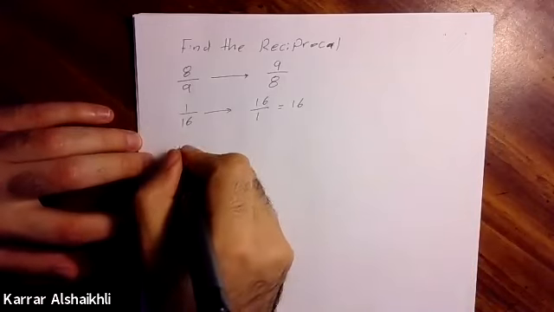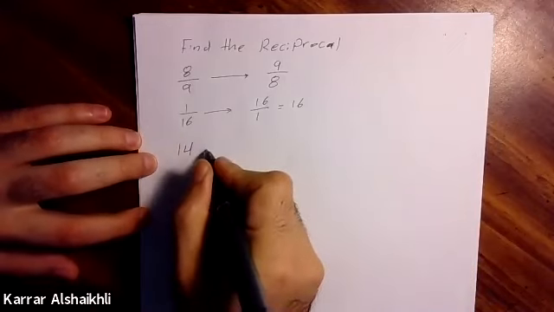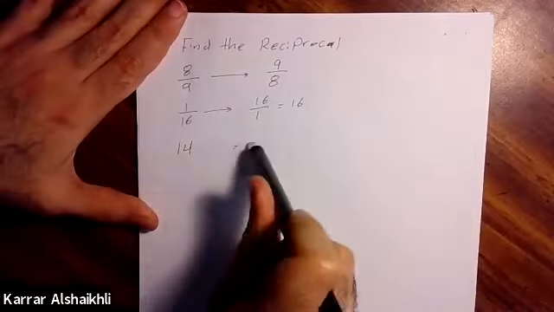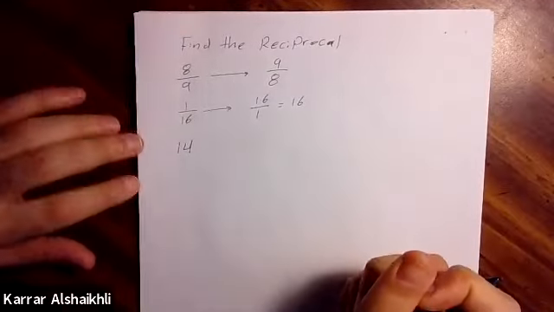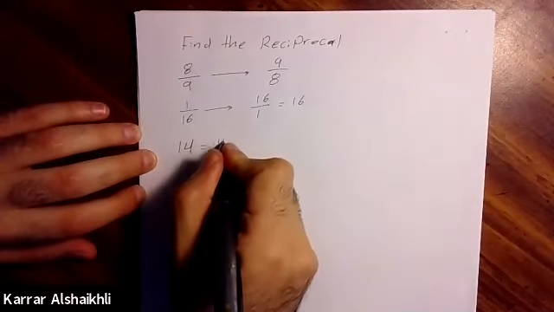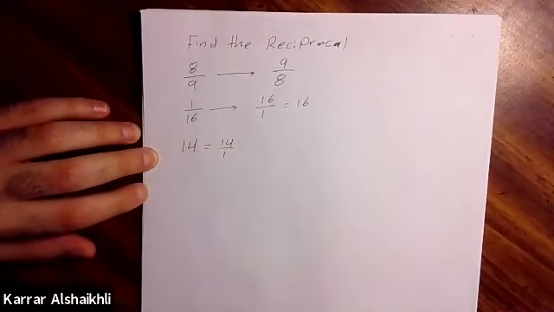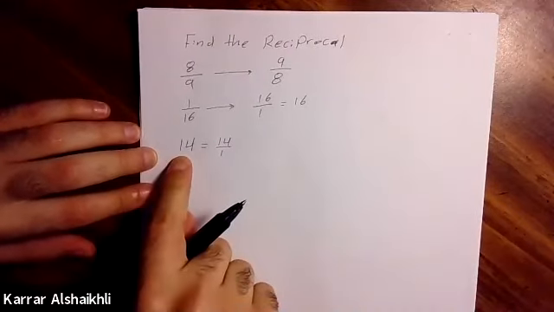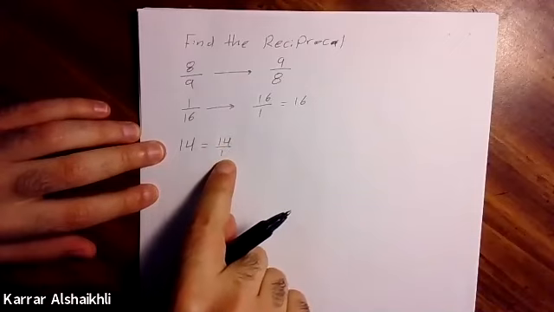What if they ask you to find the reciprocal of 14? Before we find the reciprocal, because this is a little bit confusing, you can write down 14 as 14/1. So be careful with this one. If they ask you about the reciprocal, 14 is the same thing as 14/1.